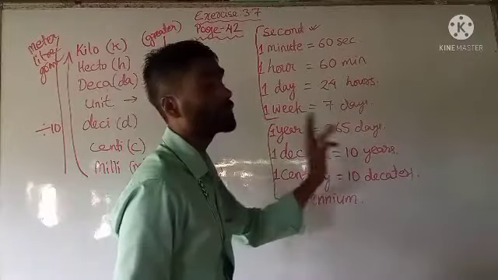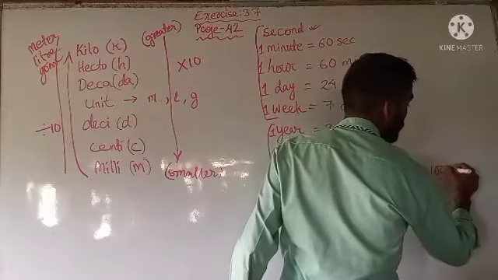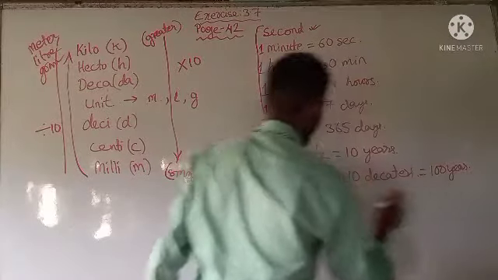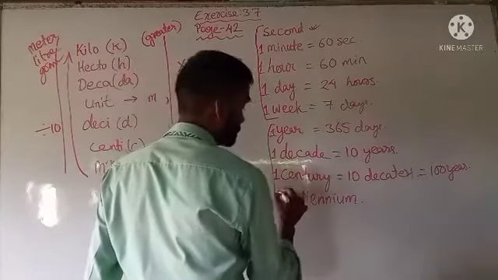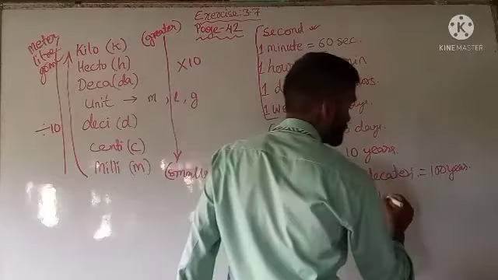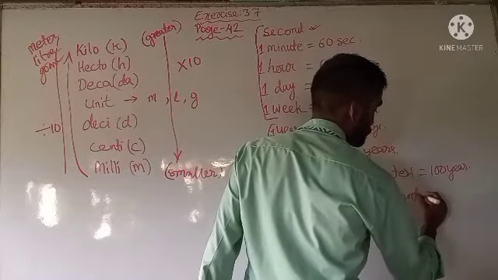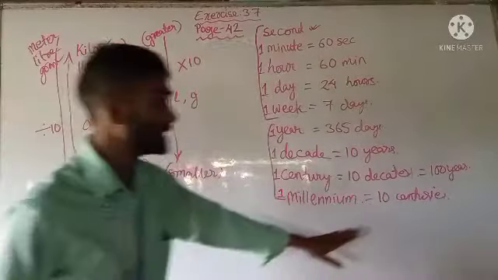So 1 century is equal to 100 years. Now millennium. 1 millennium is equal to 10 centuries.